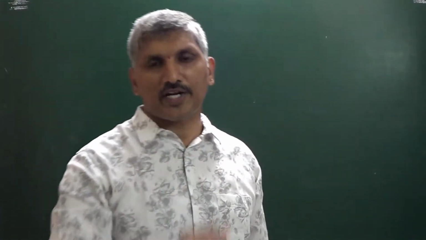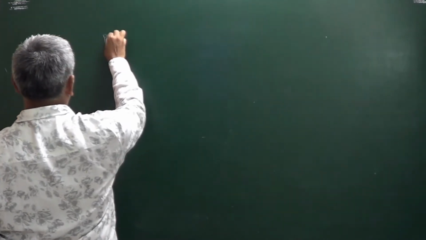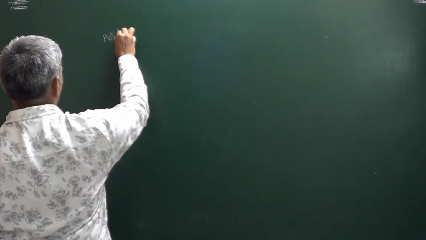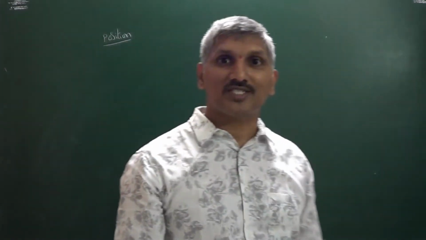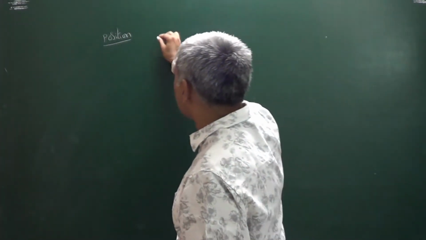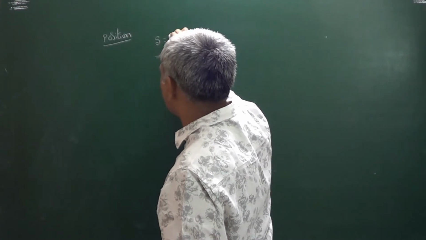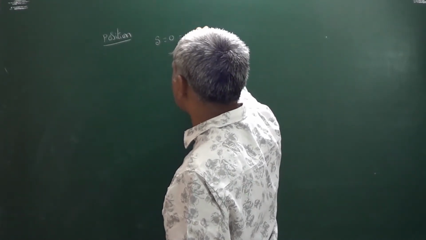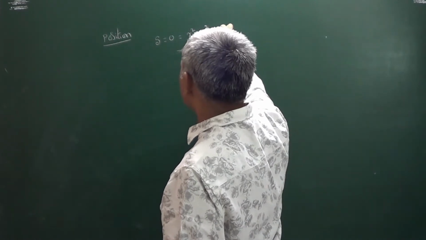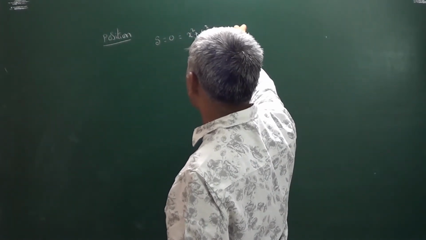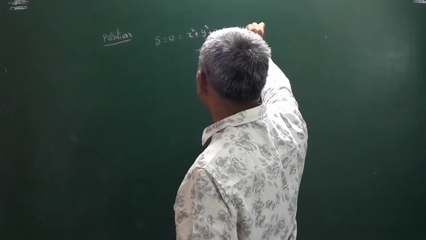So now one particular point I want to discuss: position of a point with respect to a circle. Suppose the circle equation is given as S equals 0. Let us say that the circle equation is x square plus y square plus 2gx plus 2fy plus c is equal to 0.